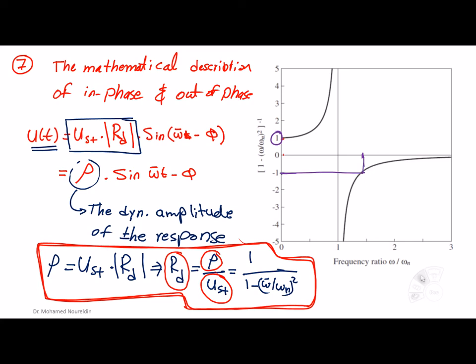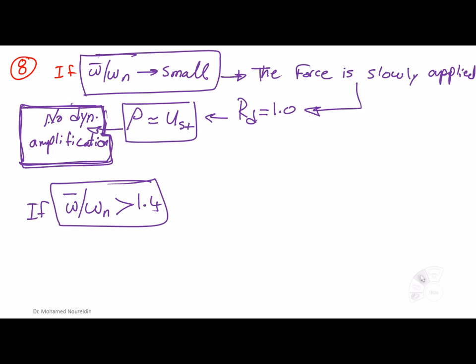Starting from here on, what is going to happen for RD, the vertical axis? It is going to be between -1 and 0. This means that RD is going to be less than 1, right? So go here. RD is less than 1.